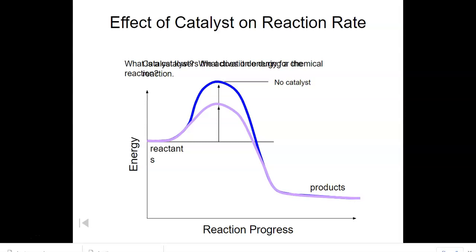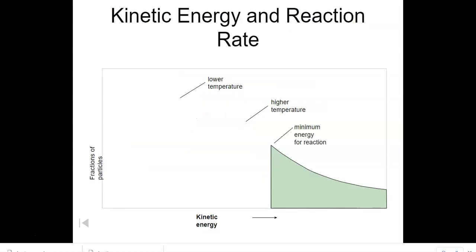So the catalyst will speed up the reaction, and in this case, the reaction is digestion. Again, with no catalyst versus a catalyzed reaction, the activation energy is lower. A catalyst lowers the activation energy of a reaction.